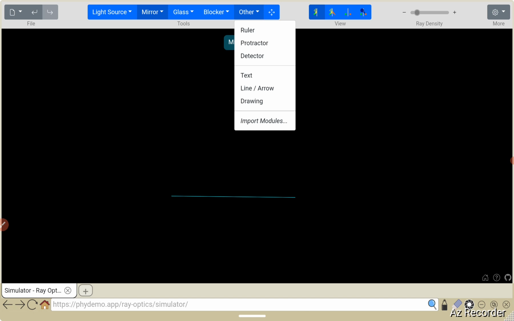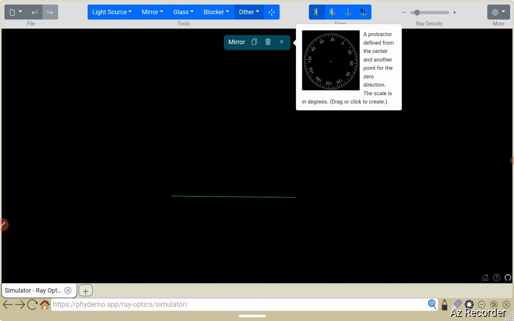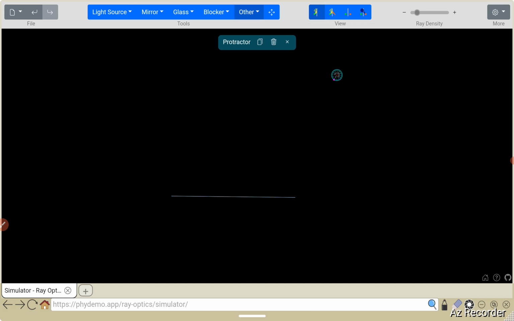So for that we need a line, correct? For measuring, I am taking the protractor. Okay. Now this is the protractor. We'll just shift it here. Now let me take the 90-degree line here.